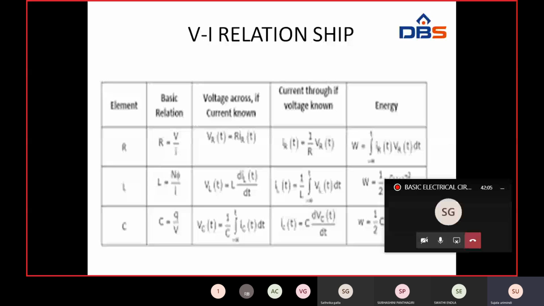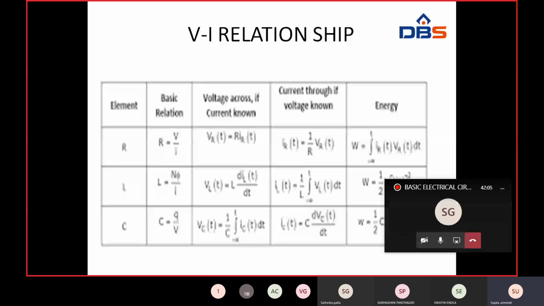The relationship of the inductor is V is equal to L di by dt. The voltage is L times the differentiation of the current. The current relationship is I is equal to 1 by L integral of V dt. The current is the integration of the voltage.